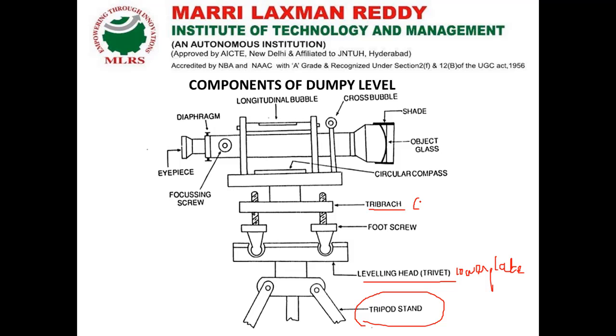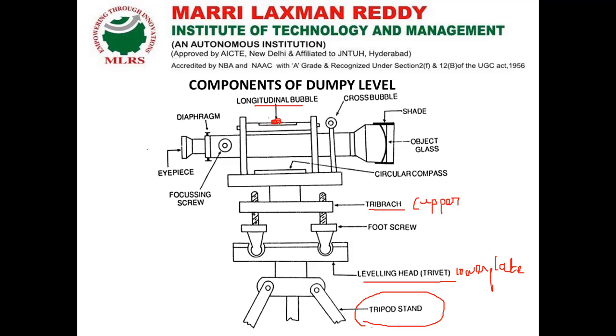This is nothing but the upper plate. So between the upper plate and the lower plate we are having the foot screws. By adjusting the foot screws we are going to make the longitudinal bubble come to the center, then only our entire leveling process is done.